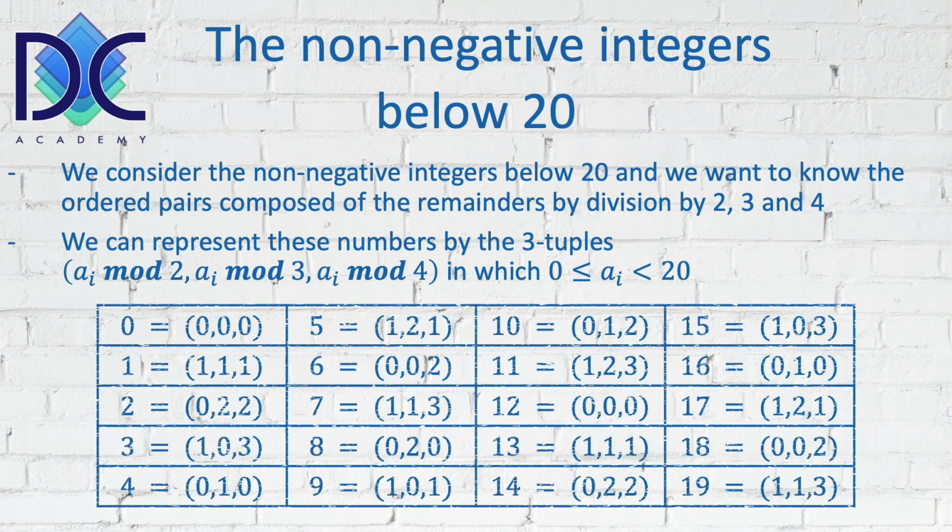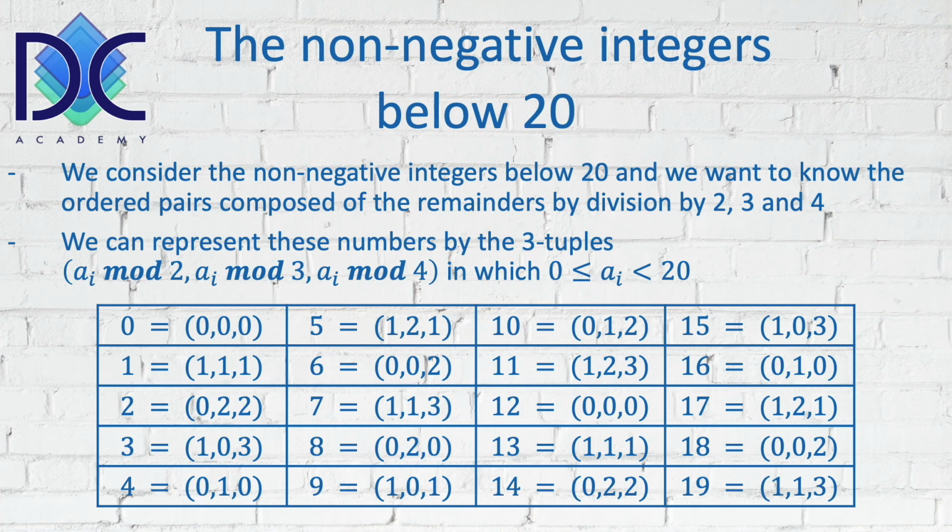We have this in a table. When we look at 0, for example, 0 modulo 2 is 0, 0 modulo 3 is 0, and 0 modulo 4 is 0. We can do that for all of them. 1 modulo 2 is 1, 1 modulo 3 is 1, and 1 modulo 4 is also 1.